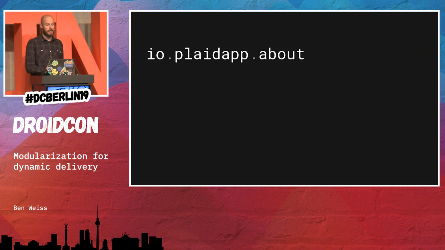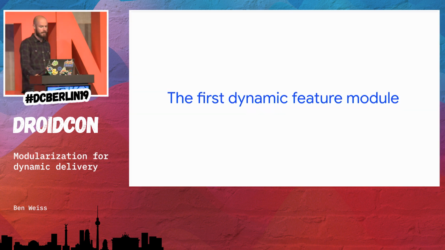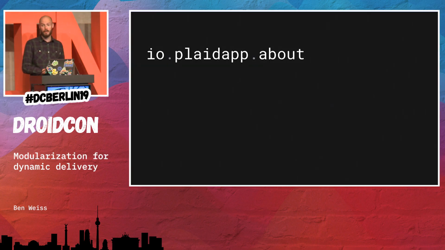So with all this, we started doing the first dynamic feature module. That first dynamic feature module was the simplest module that we had around, which was our about module. It didn't have any dependencies with other modules other than the home screen being able to start it through a menu. So there was no internet connectivity needed. There's nothing in there that makes it dependent on the other modules that are available.